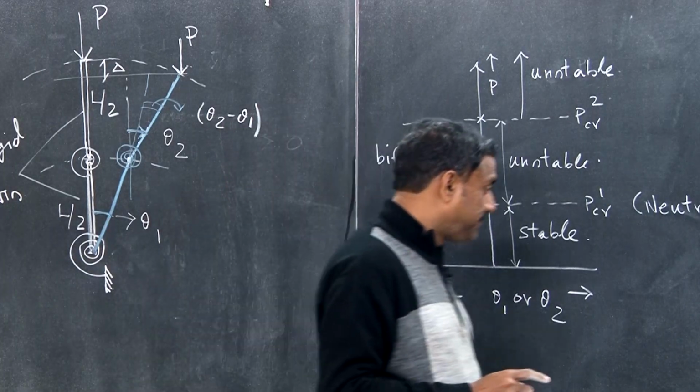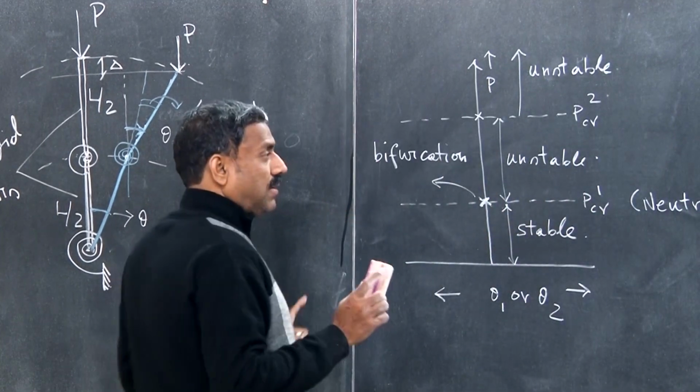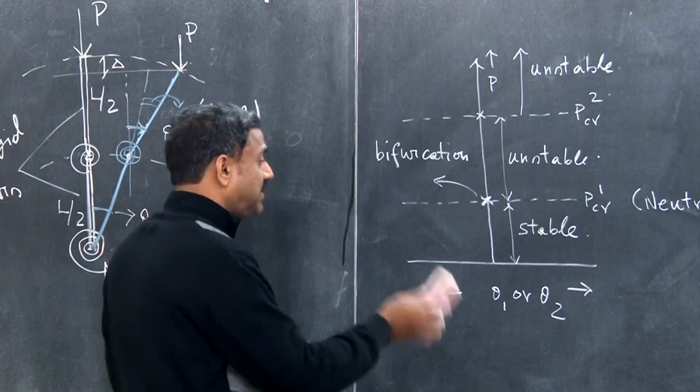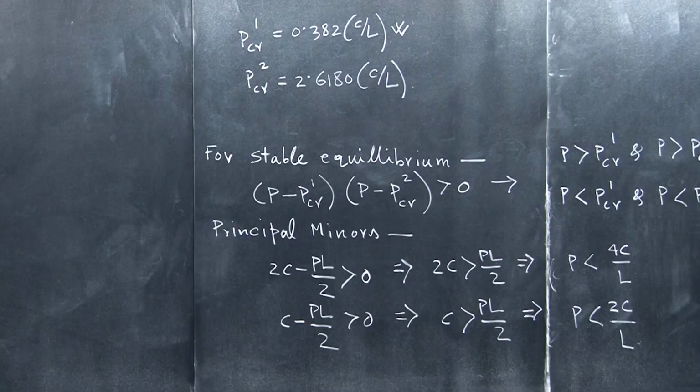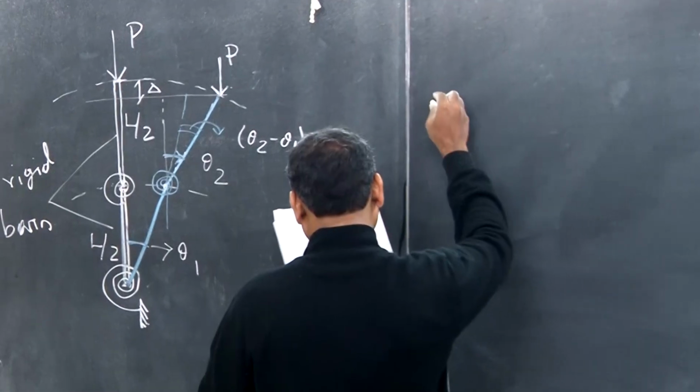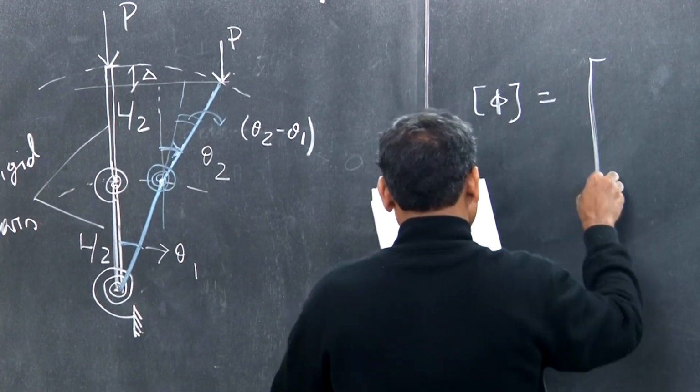Okay, now you understand the stability. I will do one simple thing. You can all recall that we have the eigenvector and the modal matrix.